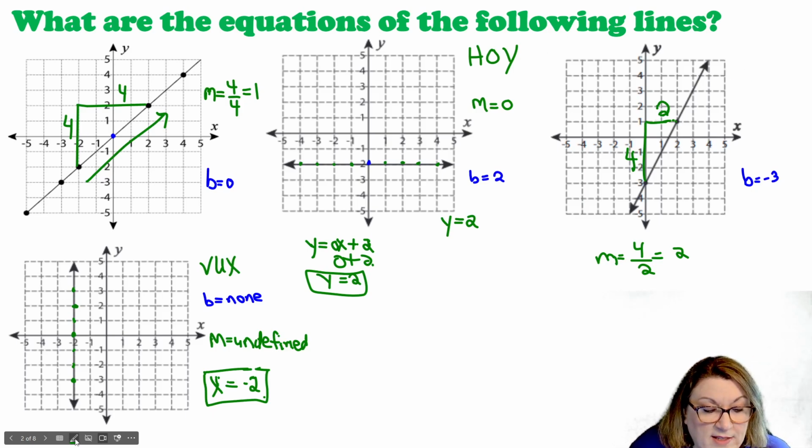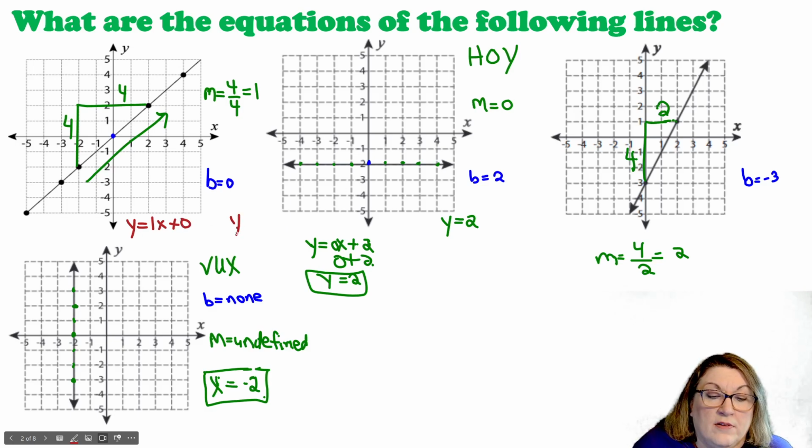We're going to write these equations now, and I'll use red for this. This equation should be y equals m, and my m is 1, times x plus the b. Well, this equation can be simplified to just y equals 1x.